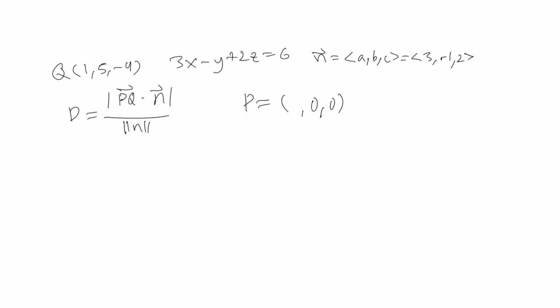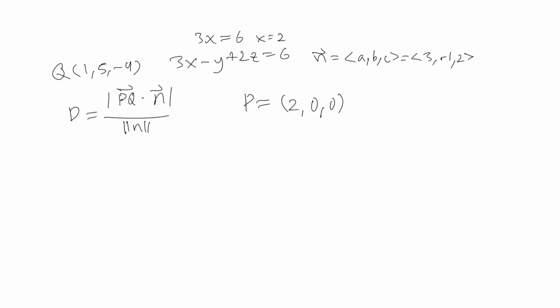It is guaranteed that there is an x coordinate that gives us a point on the plane. Plugging in 0 for y and 0 for z, we get 3x = 6, so x is equal to 2.